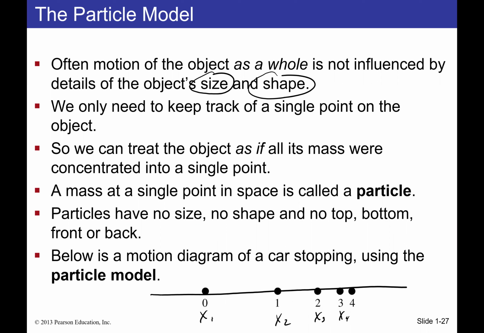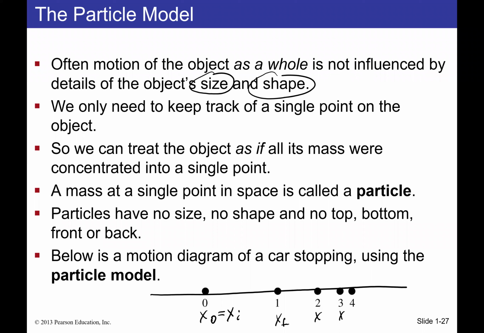Or x0 can be your initial position. Sometimes in physics we call it x naught, the position at initial time. In our book, we also use x sub i to represent that, which is initial position, i for initial.